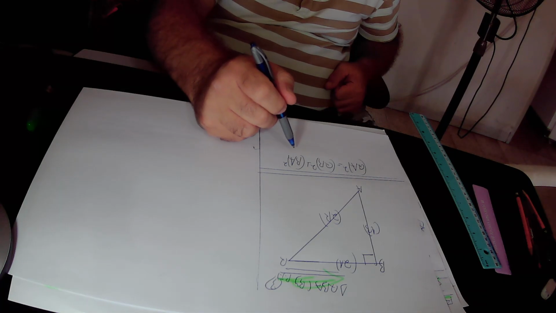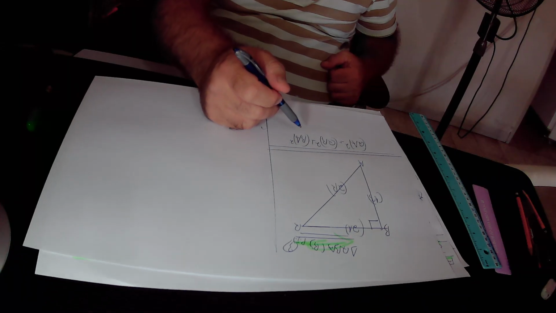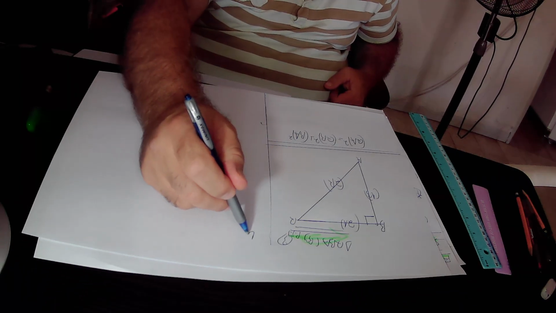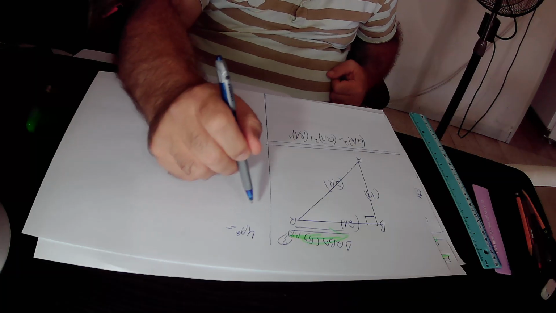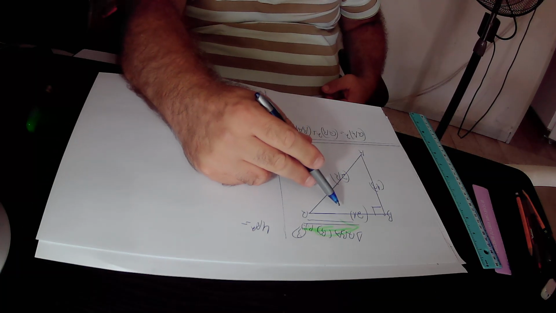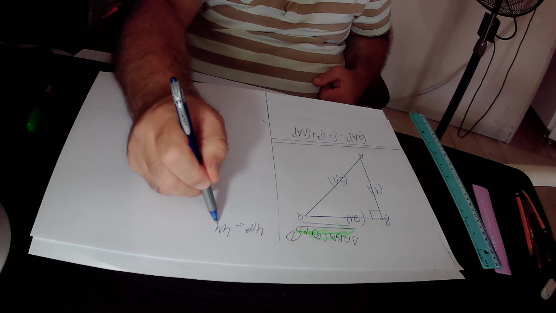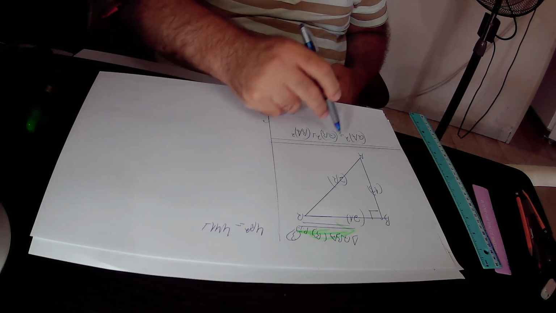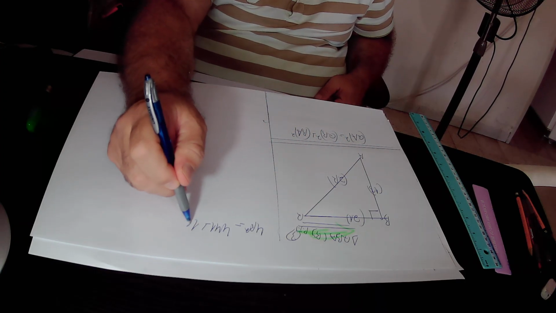The hypotenuse QA equals 2r, therefore QA squared is 2r squared, that is 4r squared. And it equals QB squared, where QB is 21, so QB squared is 441, plus BA squared, where BA is 13, so BA squared is 169.